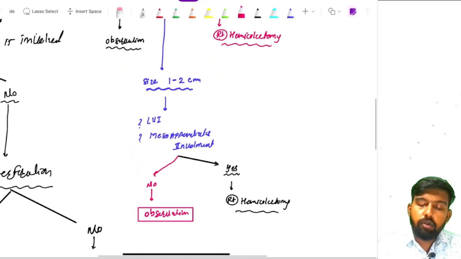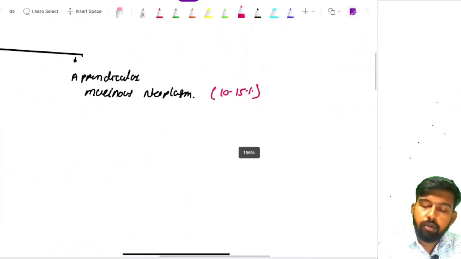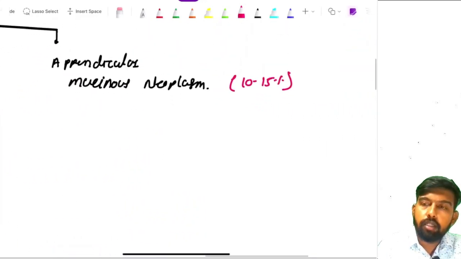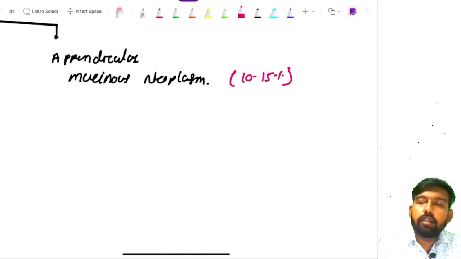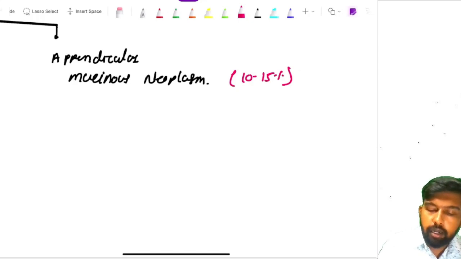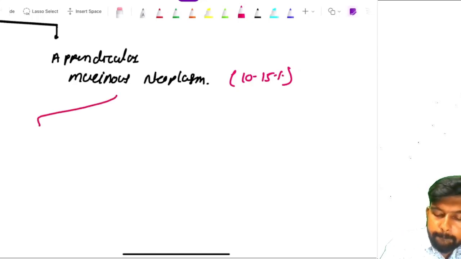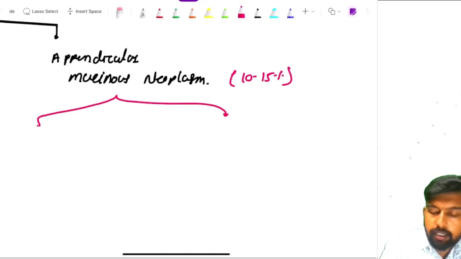So if the tumor is an appendicular mucinous neoplasm, then we should know if it is a low grade tumor or a high grade tumor, depending upon the histopathological characteristics.